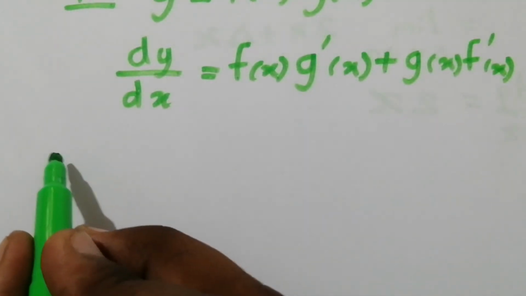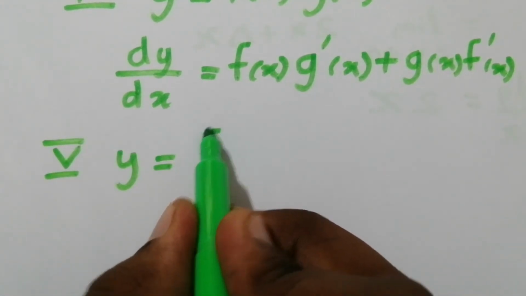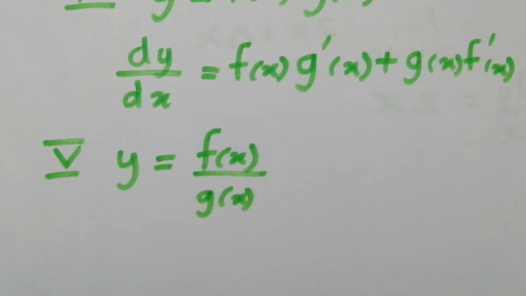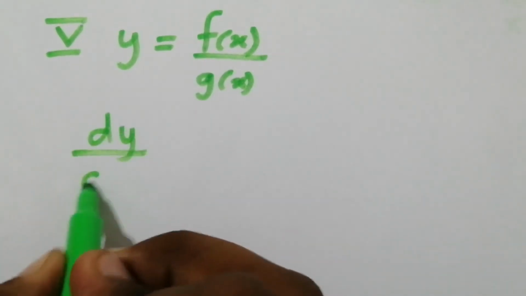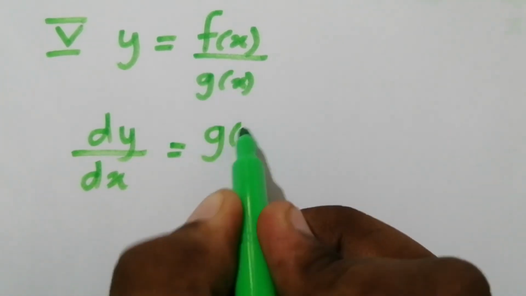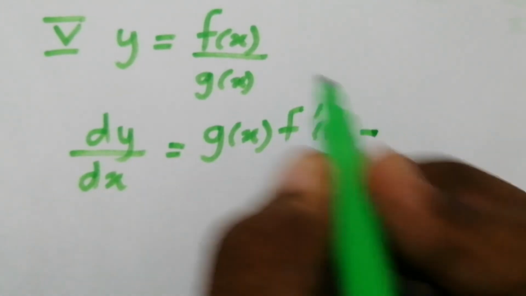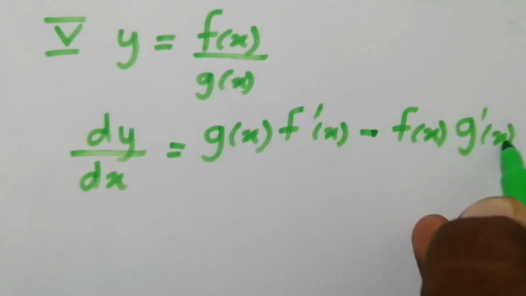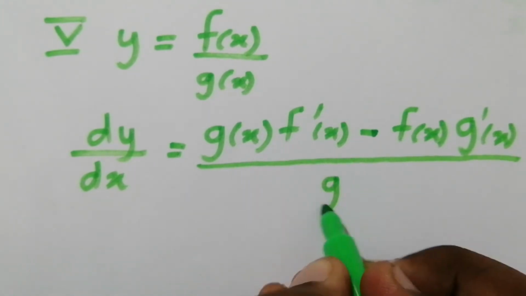The next one, if y is a ratio of two functions f(x) upon g(x), we can write dy upon dx as the denominator times the derivative of the numerator minus the numerator times the derivative of the denominator, upon the square of the denominator.